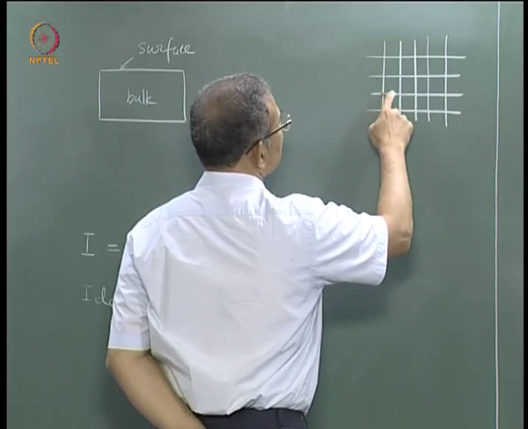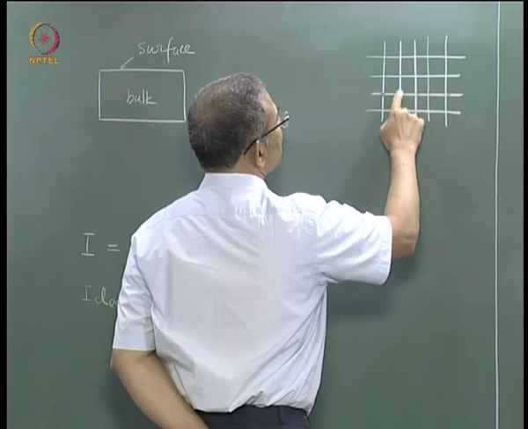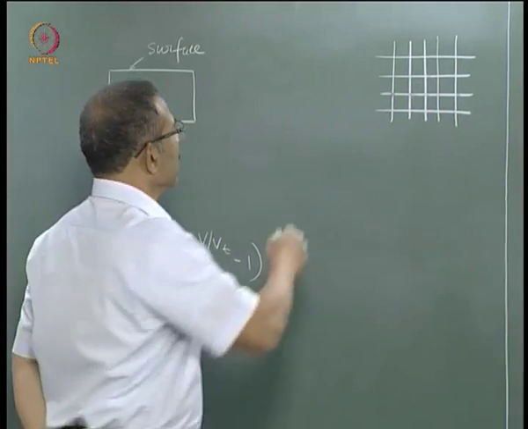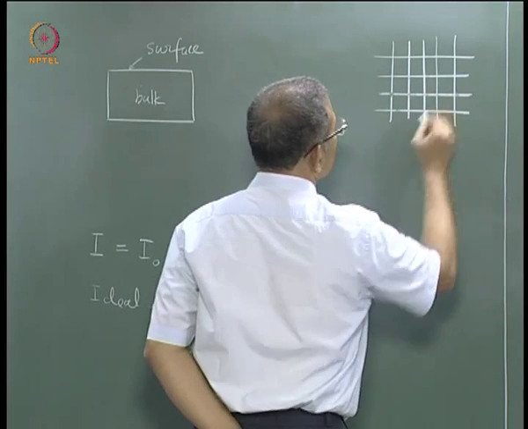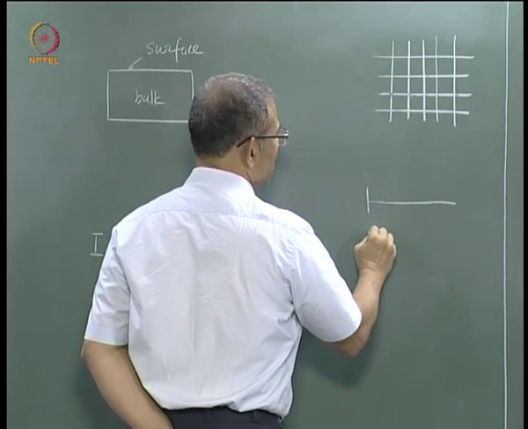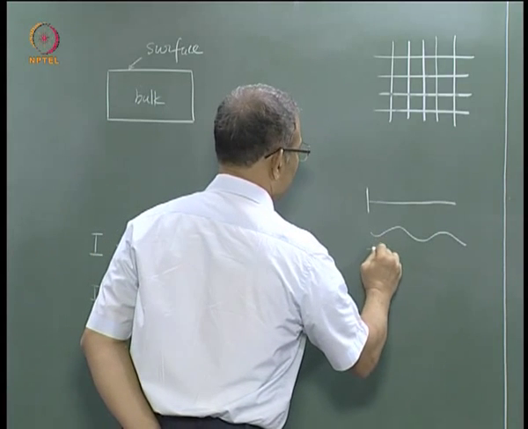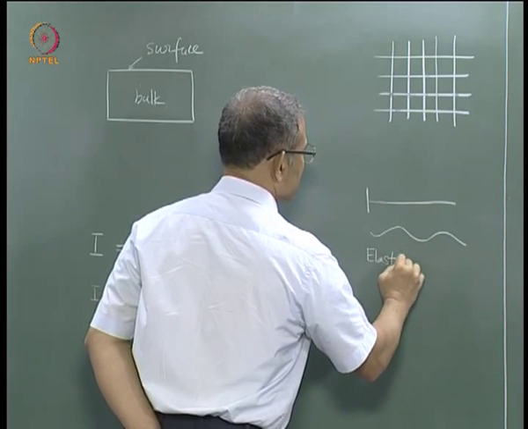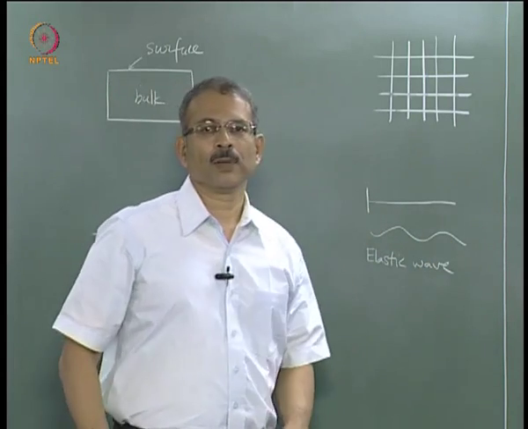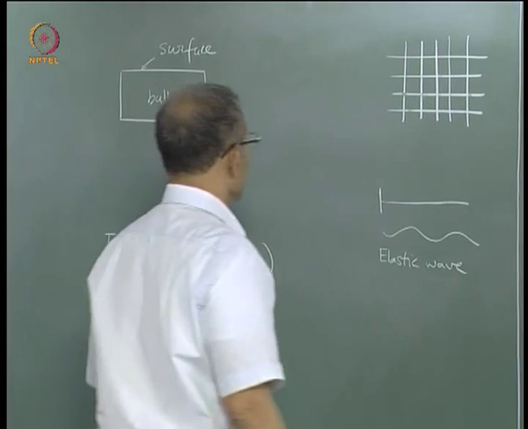Since this atom is connected to other atoms, it will set other atoms in vibration also, just like a rope. For example, if you visualize this line of silicon atoms connected together as a rope, and now if I flex this end of the rope, you know that it will send out a wave. Now this wave is called an elastic wave. So the waves in a rope or the ripples in water when you drop a stone, these are all examples of elastic waves.